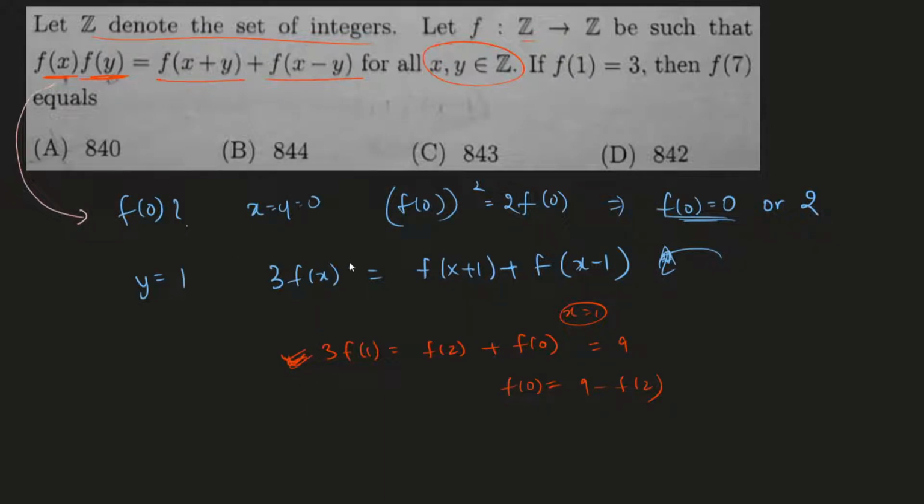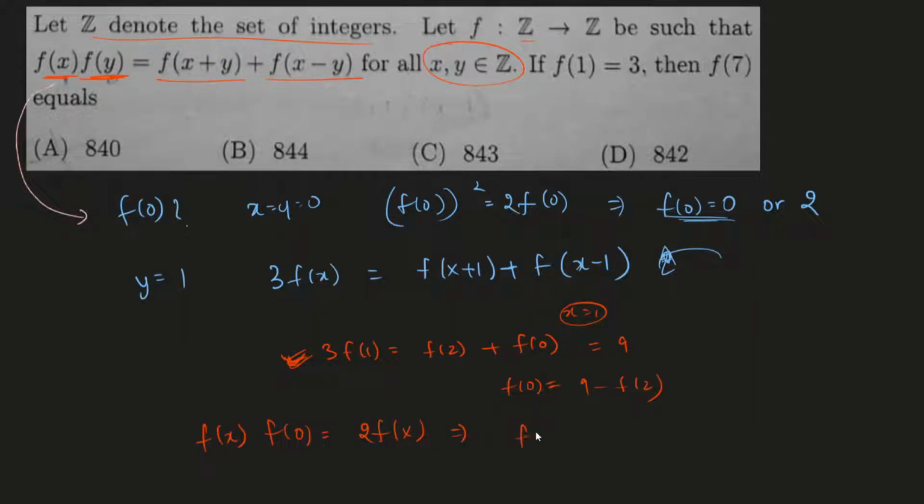What can we do next? If we put y equals 0, it gives f(x) times f(0) is equal to 2f(x).